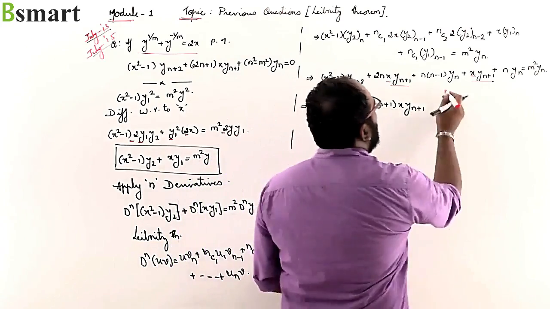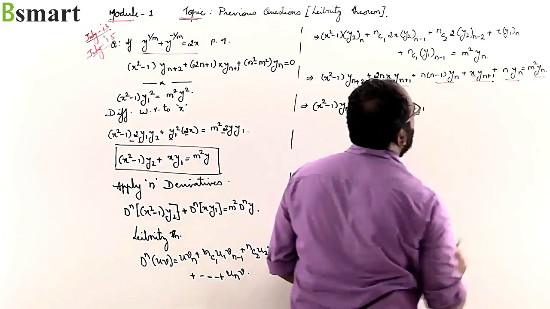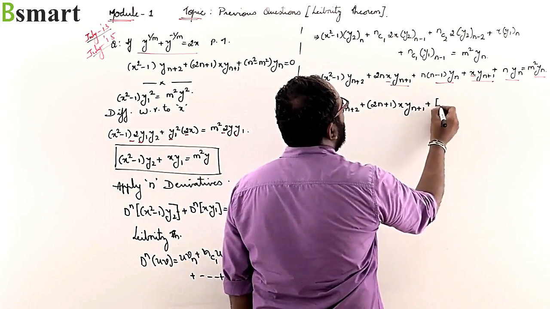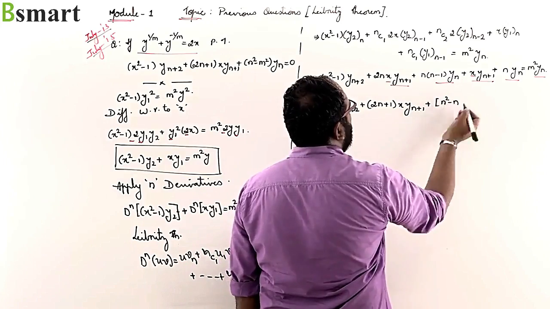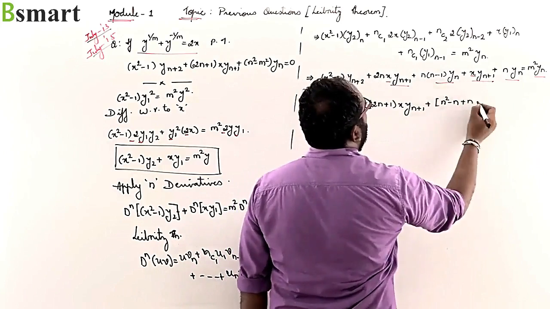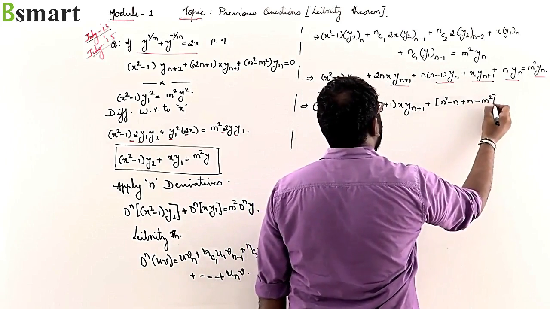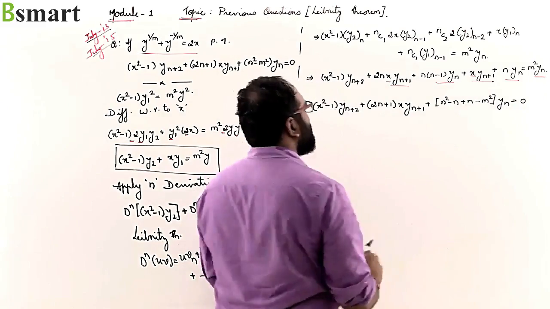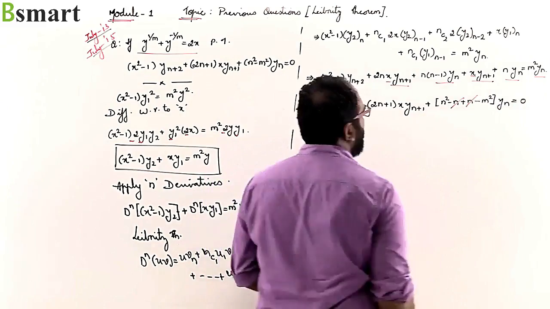Now from all these three terms, I will take out yn common. So that will be n square minus n plus n, and m square, if it comes to this side, is minus m square, into yn is equal to 0. So minus n plus n will get cancelled.